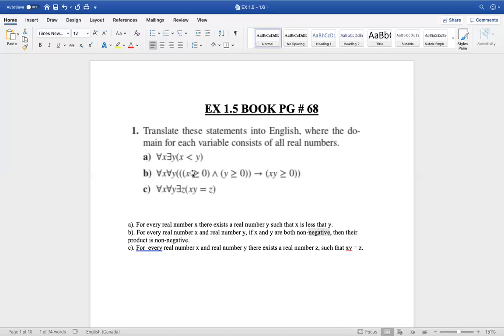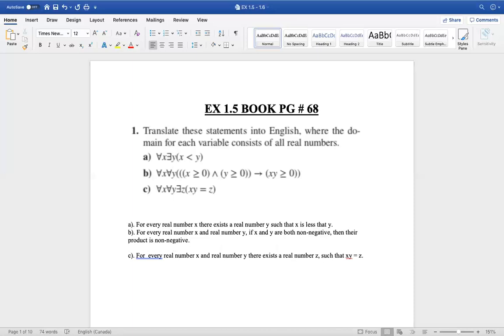Here we have x greater than or equal to 0. How do you want to say it? If x and y are both positive, then the product is positive. Yes, that would be the other way. Or you can also say if x and y are both non-negative. Okay, all right, thanks.